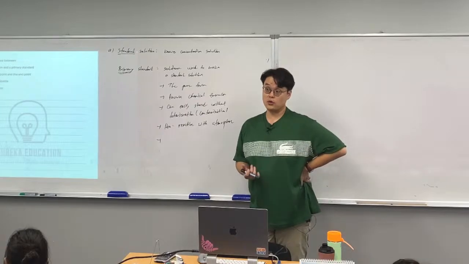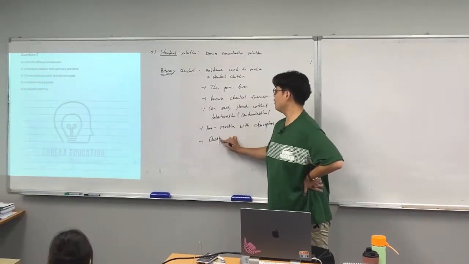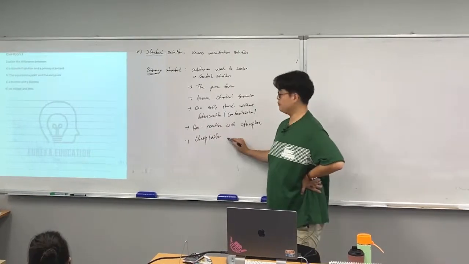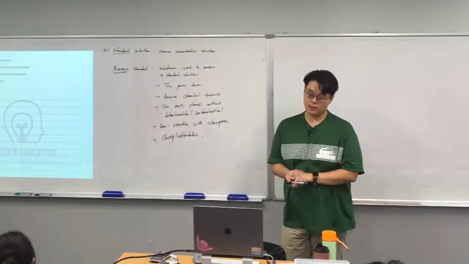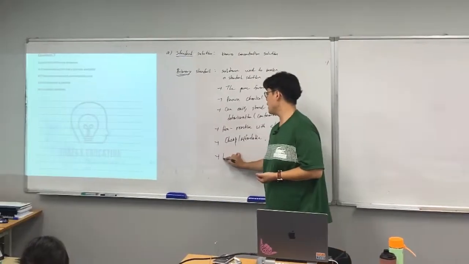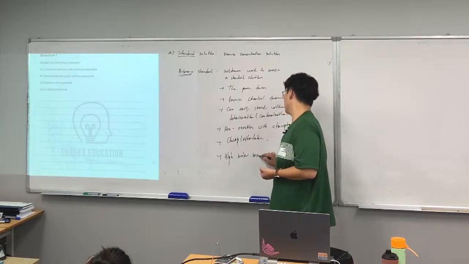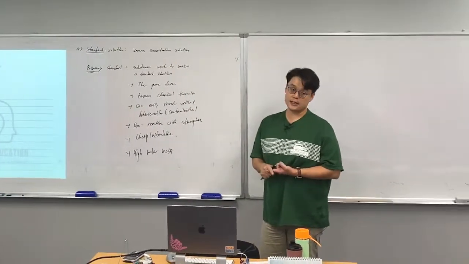So if you're using sodium carbonate, it is cheap or affordable. And lastly, it should preferably have a high molar mass. So these are the conditions for our primary standards.